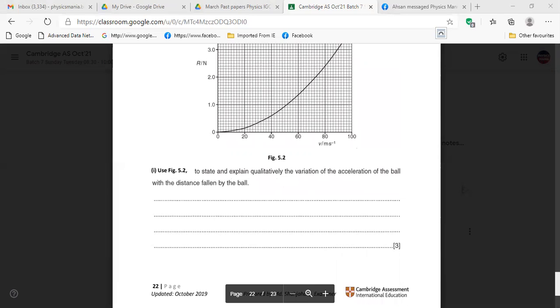Then the next point is resultant force decreases. So resultant force is related to acceleration, right? After that, resultant force decreases, then acceleration decreases. Already you wrote that, right? That point came.